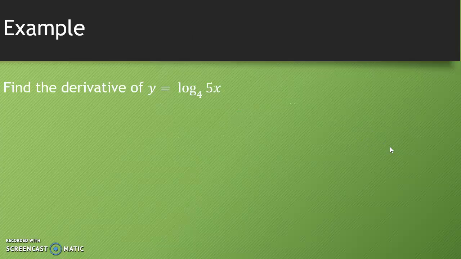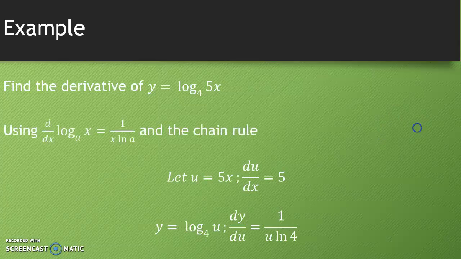So the first one, we've got y equals log to base 4 of 5x. We're just going to use that derivative rule that we just talked about, in addition to the chain rule.